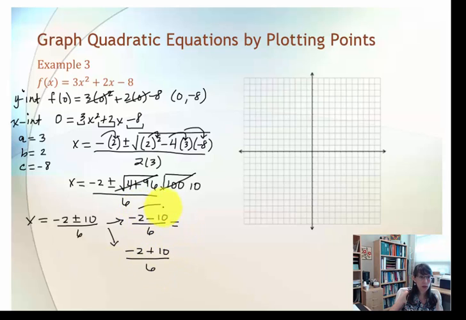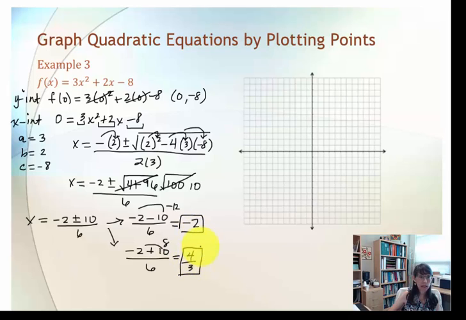So if we simplify these, we'd have negative 12 over 6. Negative 12 over 6 is negative 2. And the other solution, negative 2 plus 10, gives us 8. 8 and 6 are both divisible by 2, leaving us 4/3.